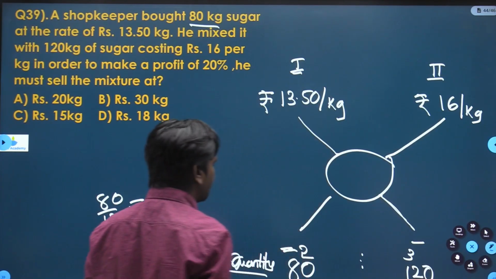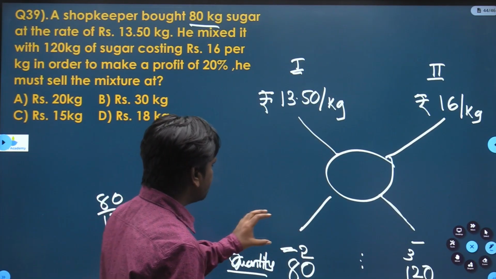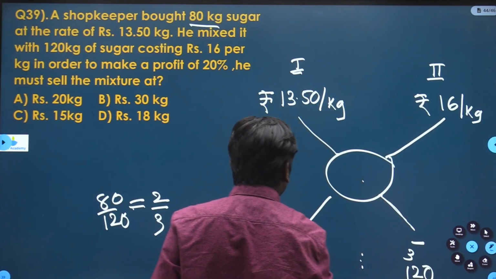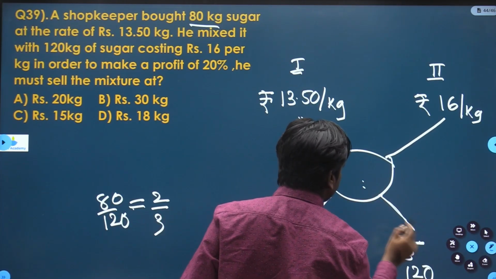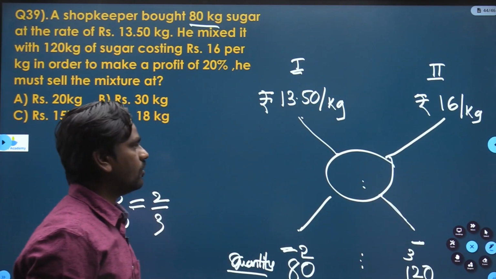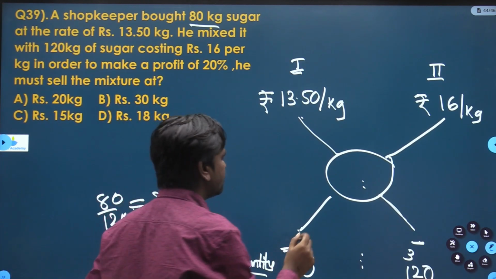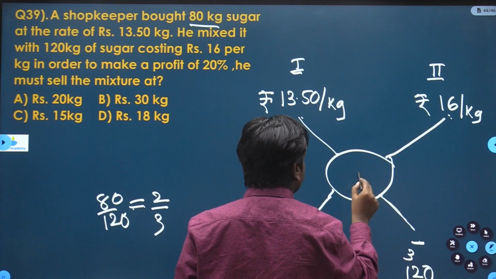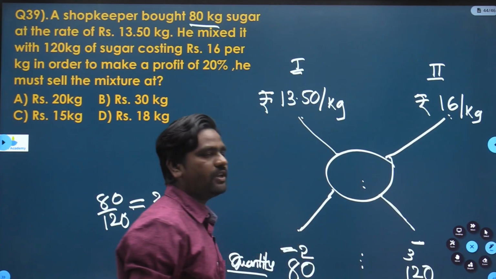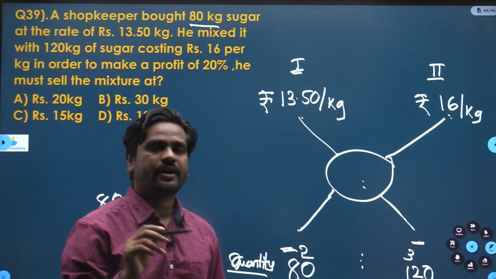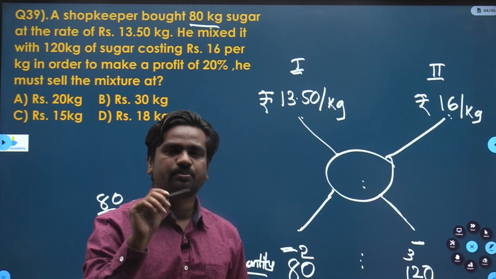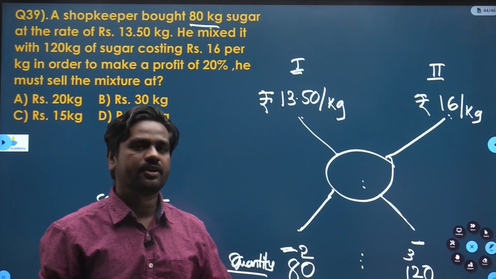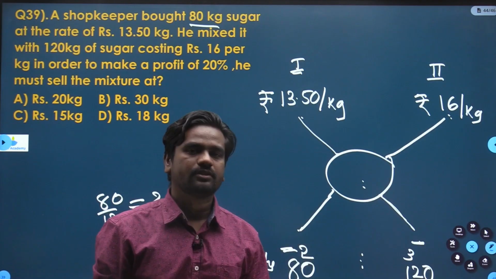Now to find this part in this diagram, this minus this will be this, and this minus this will be this. Now we are finding the price per kg of the mixture. The price per kg of the mixture depends on the quantity we are mixing and also the price per kg.